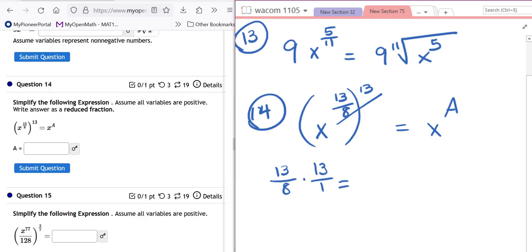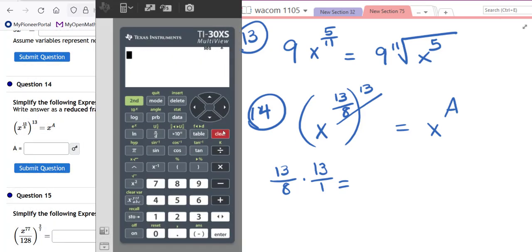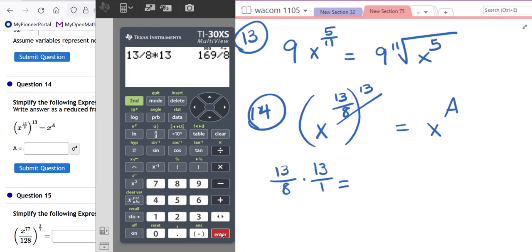Whoops, wrong calculator for you guys. So 13 over 8 times 13, and I'm getting 169 over 8.